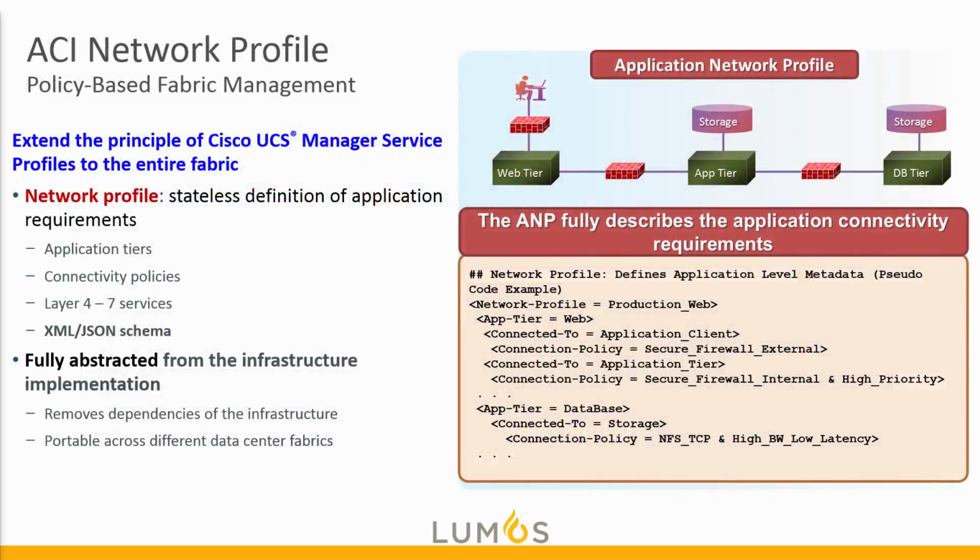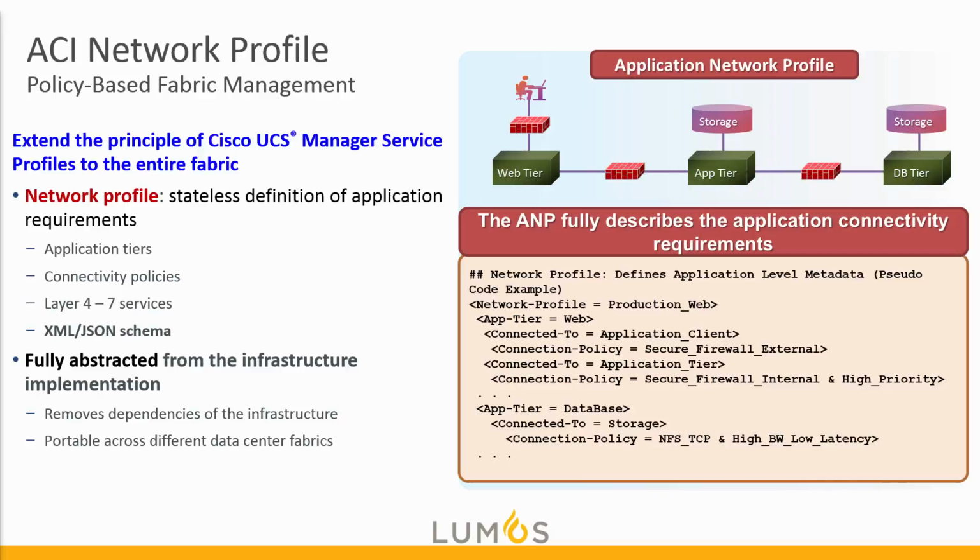So Cisco ACI uses this idea of a network profile. Again, everything is based on the application, but we need to map that to network constructs. So we basically extend, if you happen to be familiar with at all, Cisco UCS Manager, or the UCS Unified Computing System B-Series chassis blade servers. Of course, the C-Series can work with UCS Manager as well.